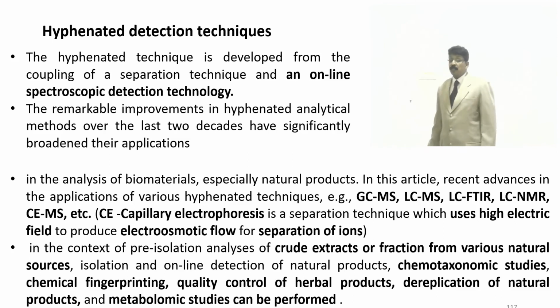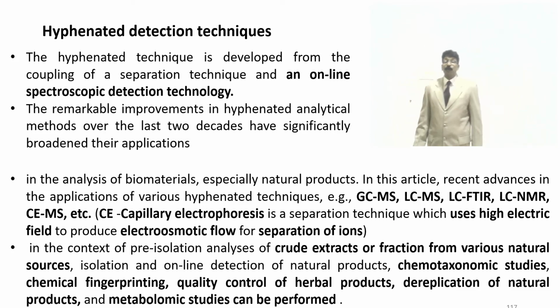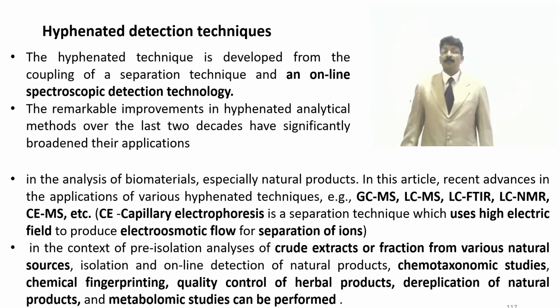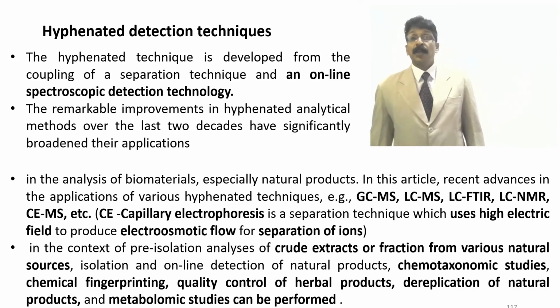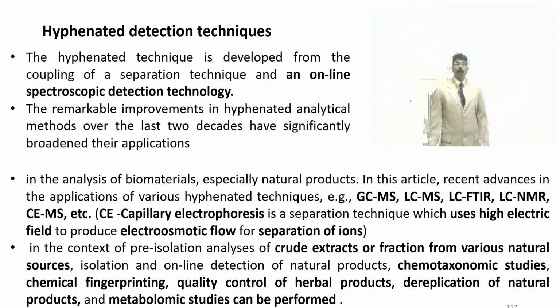Chemotaxonomy means classification by means of chemical identification of constituents, which you can find out by means of hyphenated detection techniques. These will be more useful, as two instruments are connected on an online basis, giving very good results for chemotaxonomy studies.